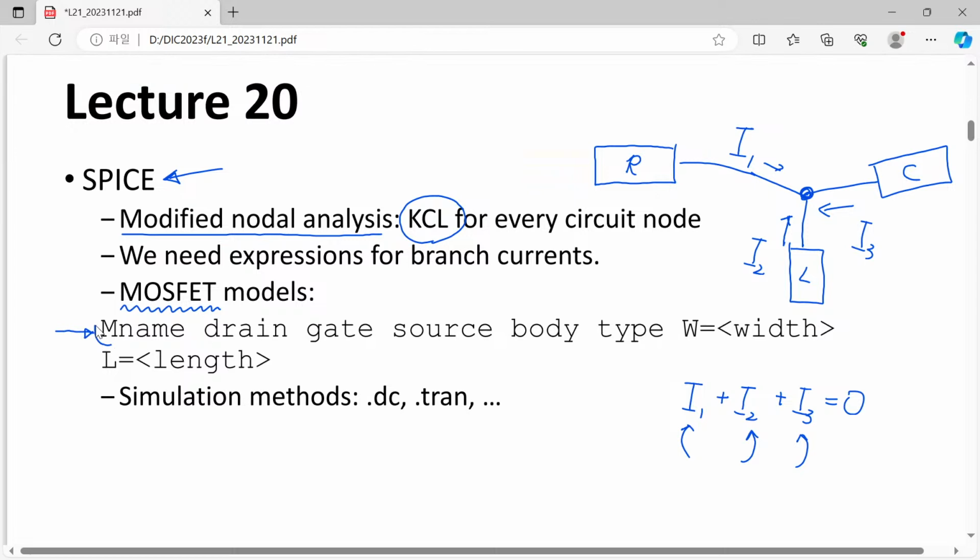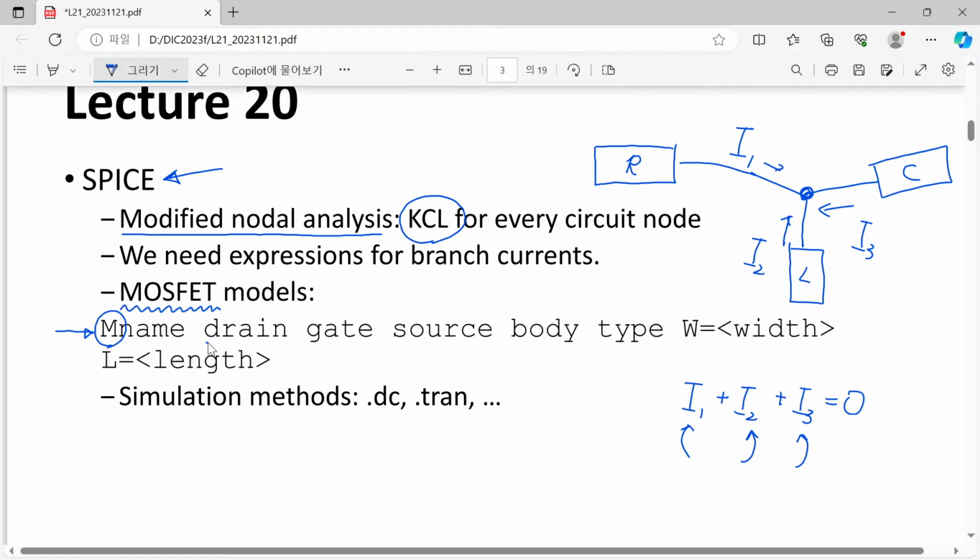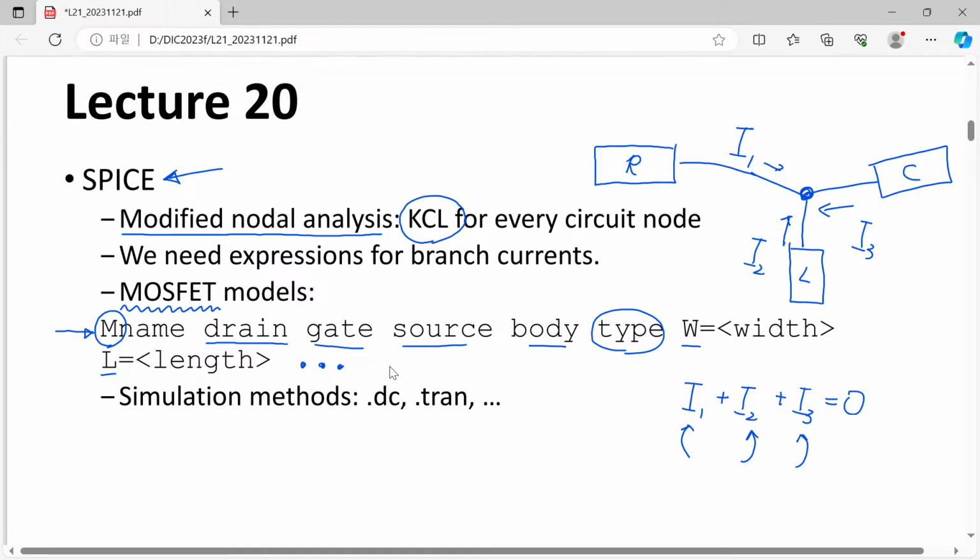Starting with M, it is recognized as a MOSFET, and here we have the drain node, gate node, source node, and body node. After that, the type is specified, for example NMOS or PMOS, and width and length. Of course, there are many other parameters which can be specified.